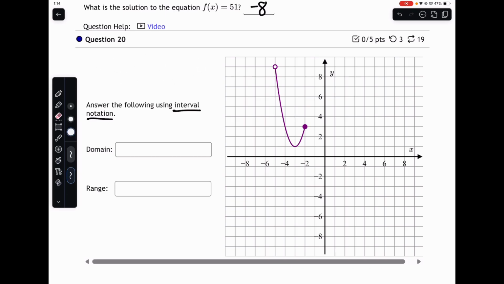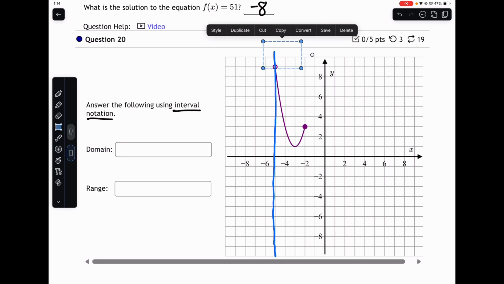Recall, for the domain, we want to identify how far to the left the graph goes. If I draw a vertical line, what's the farthest that the vertical line will reach that's still intersecting the graph? If I draw a vertical line over here to the very far left, I'm not touching my relation, so I would have to move further from the left to get to that position right there.